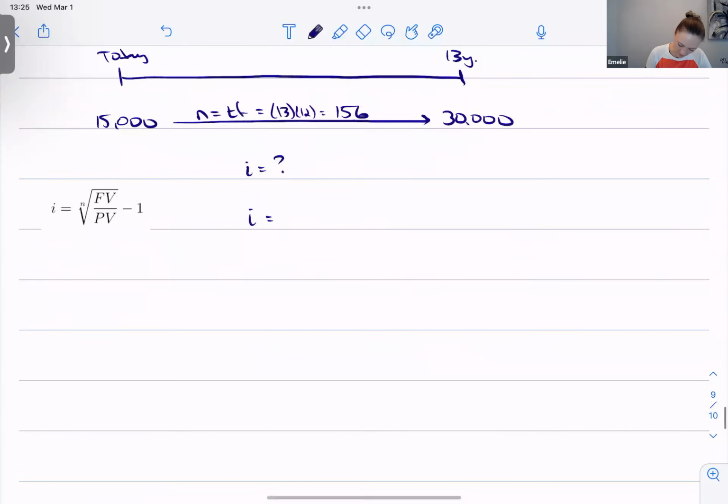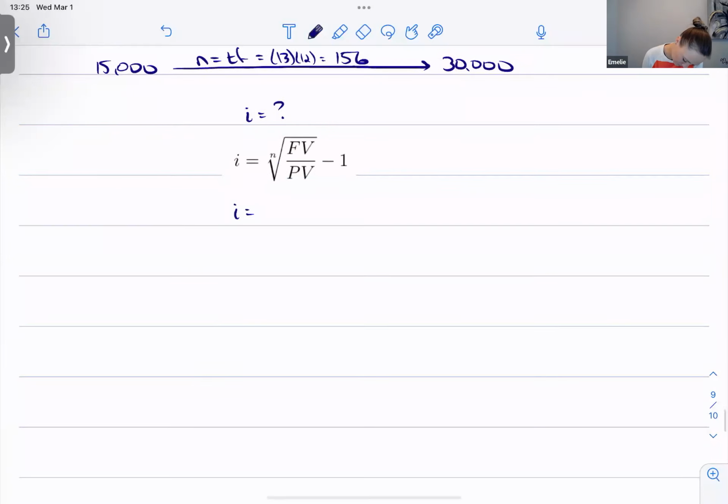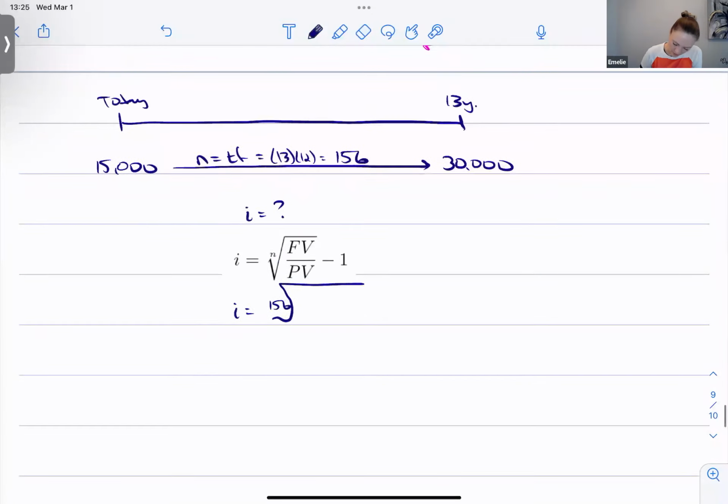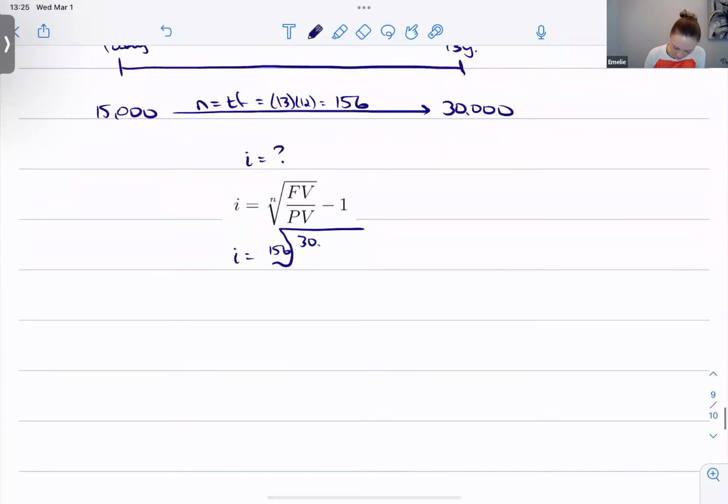So i is the nth root, which in this case is the 156th root of 30,000 divided by 15,000, then minus 1.